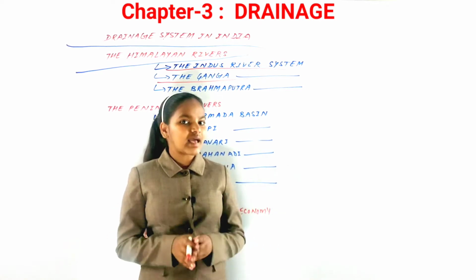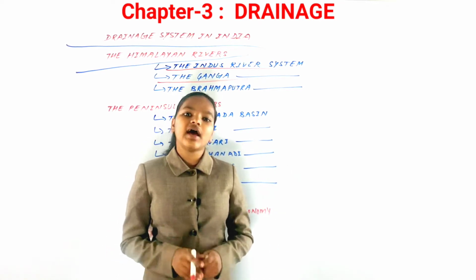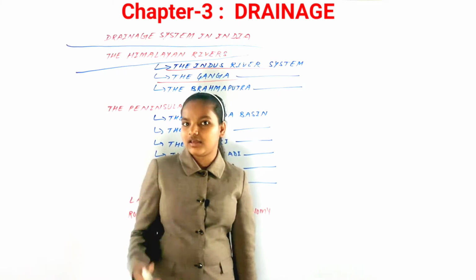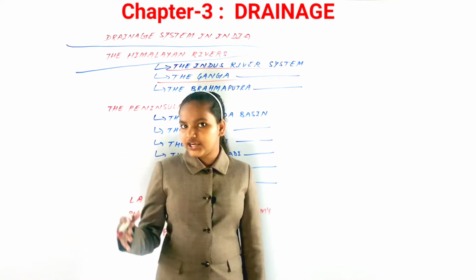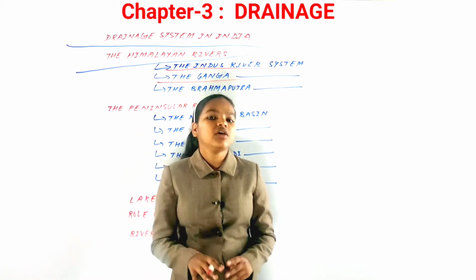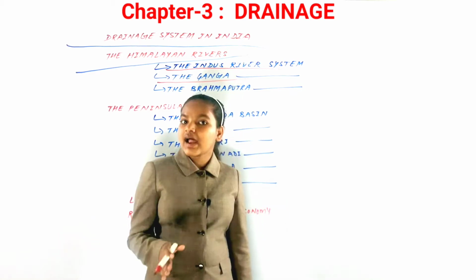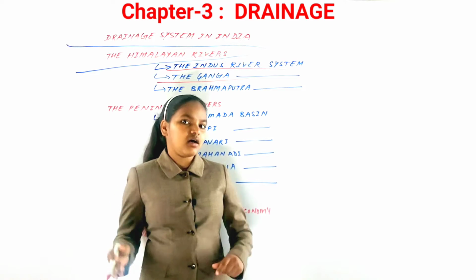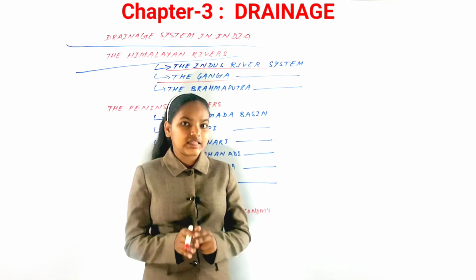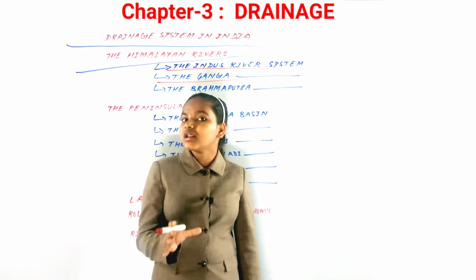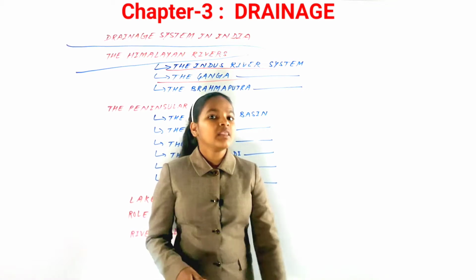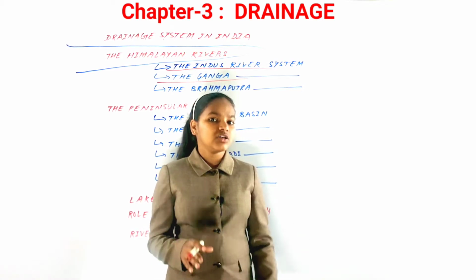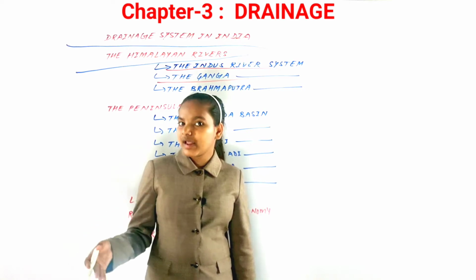But what actually happens is that there is a river, the Bhagirathi, from the Gangotri glacier in the Himalayan range. It comes from that region, and at Devprayag in Uttarakhand it joins the river Alaknanda. Now these two rivers join each other, and after that the Ganga River emerges from the mountains onto the plains.